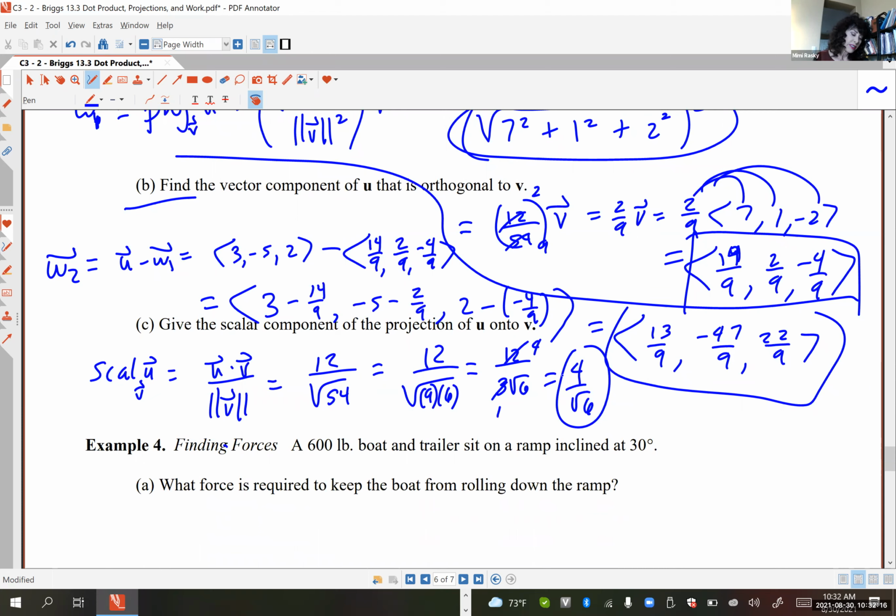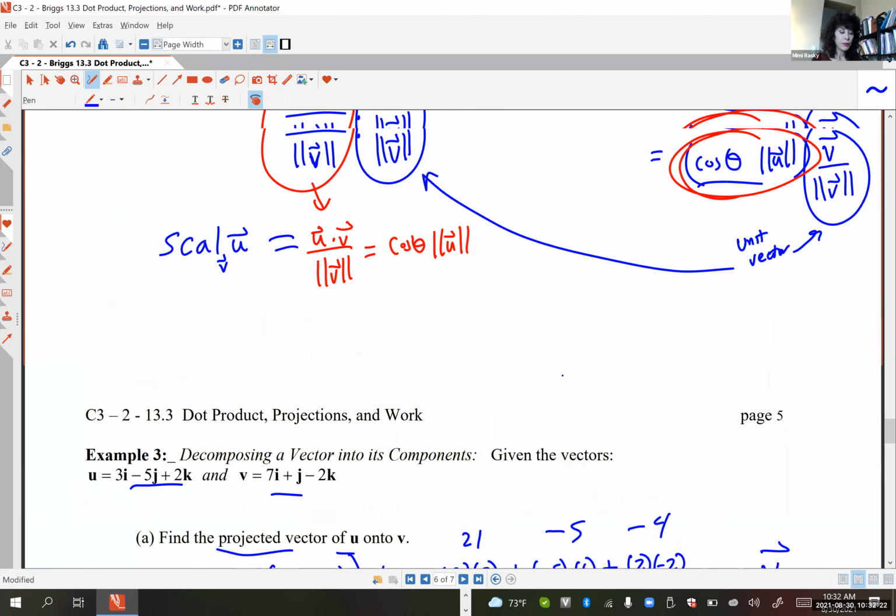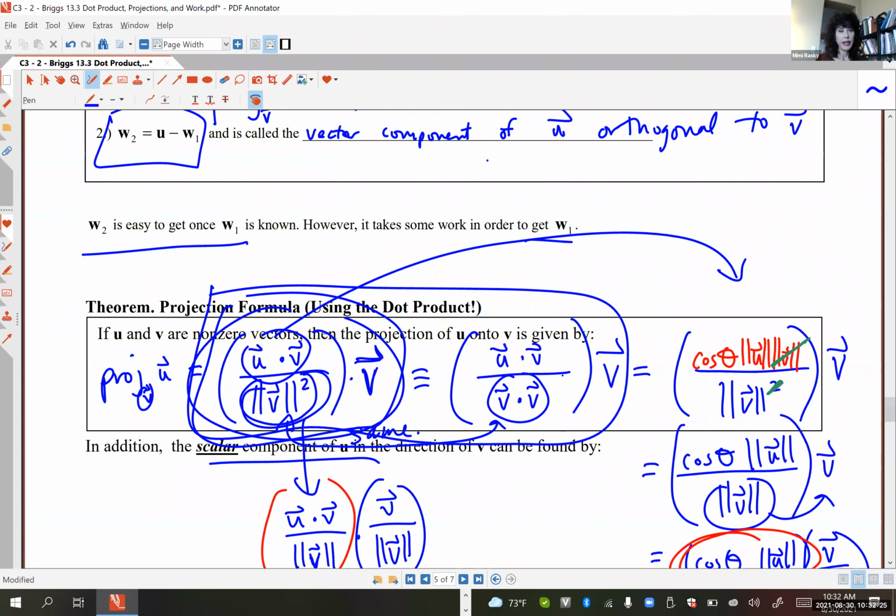I want to point out something before I move on to another use of projections. And this helps me memorize the formula. And I do encourage you to memorize this projection formula. When you're projecting a vector u onto the vector v, which vector shows up more frequently in the formula here, u or v?